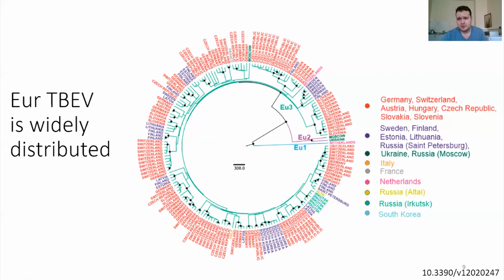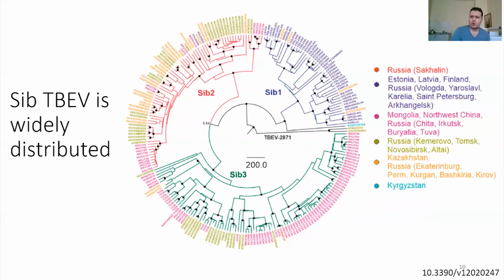There are thousands of kilometers between these viruses, but it's strange that they're located together, because suppose that tick-borne encephalitis is distributed by its vector, which is supposed to be a tick. And ticks in Altai and in St. Petersburg are different ticks.